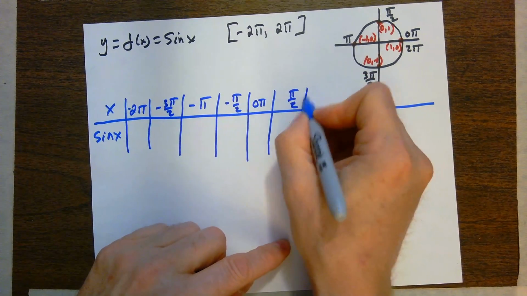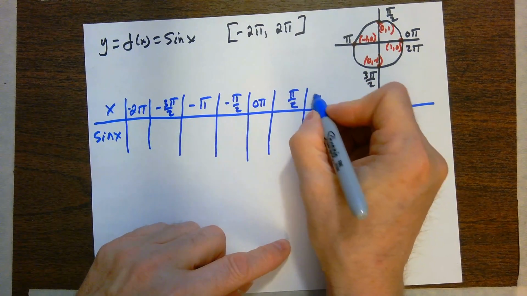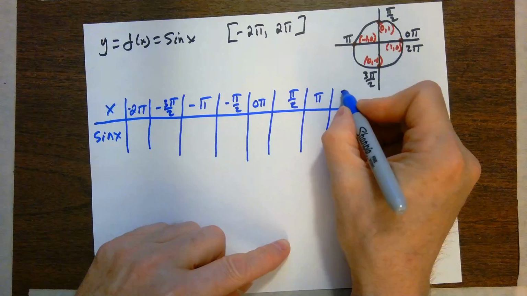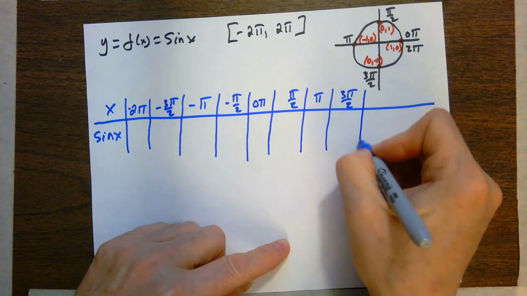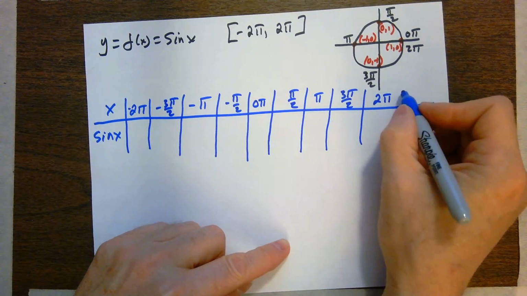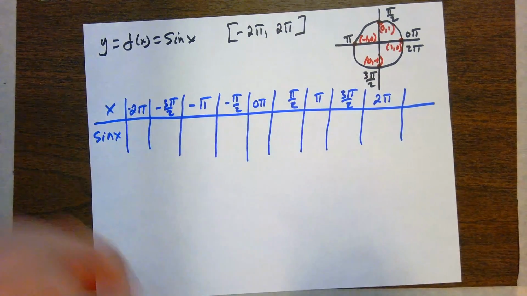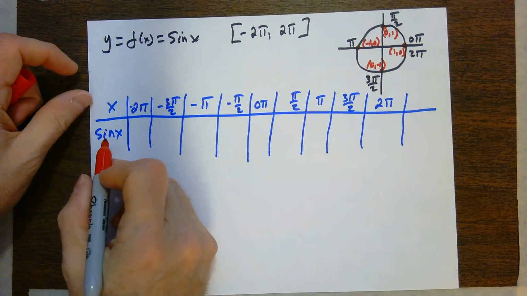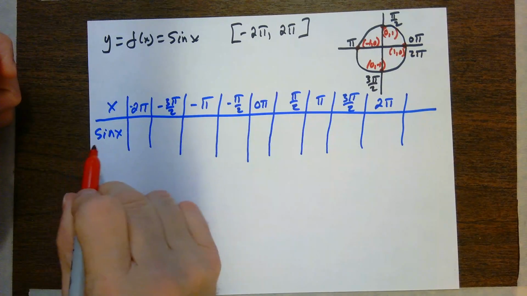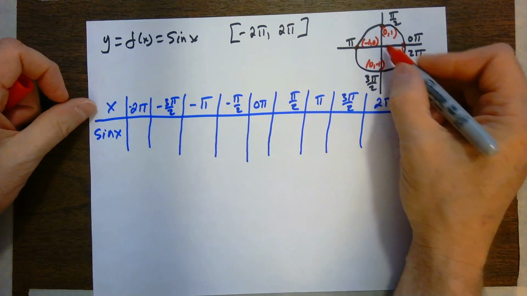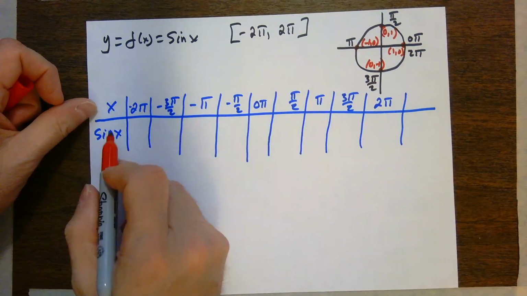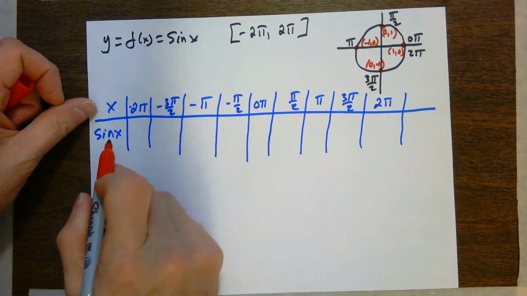Positive pi over 2, positive pi, 3 pi over 2, and positive 2 pi. And I want to put in the corresponding sine values. Now remember, the sine is the y value over the r value. In the unit circle, the radius is 1, so really the sine is just the y value.